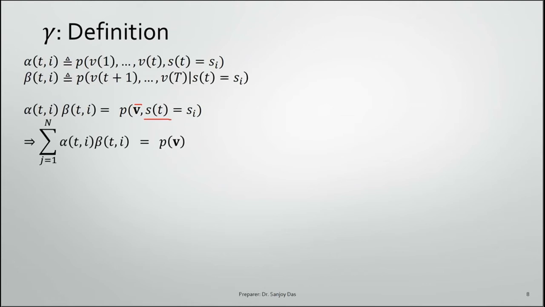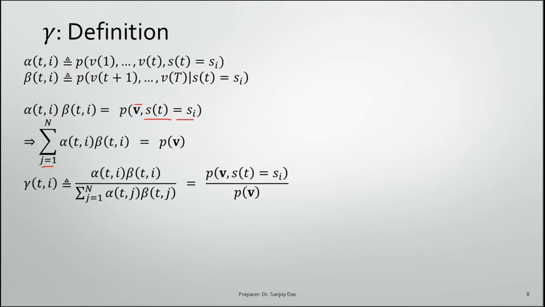Therefore, if we sum it over all Si's, we get the probability of V. Let's take the ratio alpha t i beta t i over the summation of alpha t i beta t i.